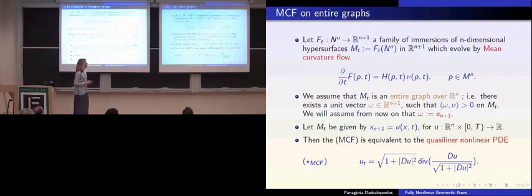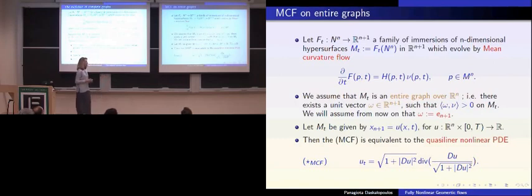All right. So let me just start by recalling some old work on the mean curvature flow on graphs. Actually, this is the only flow that has been studied on graphs, at least in the classical geometric flow case.